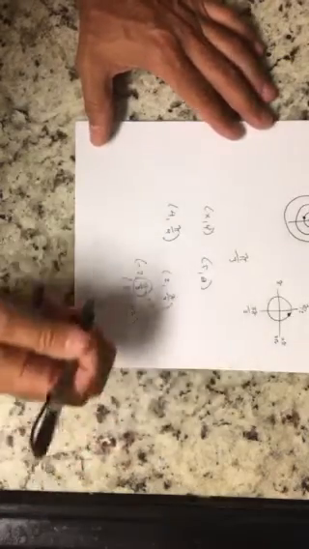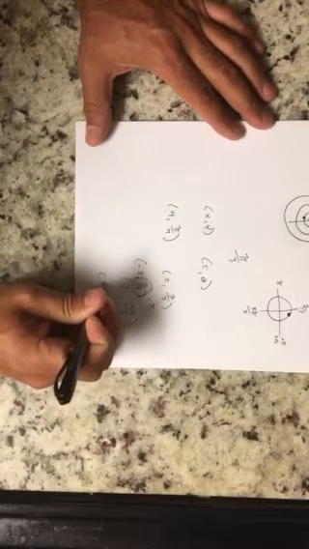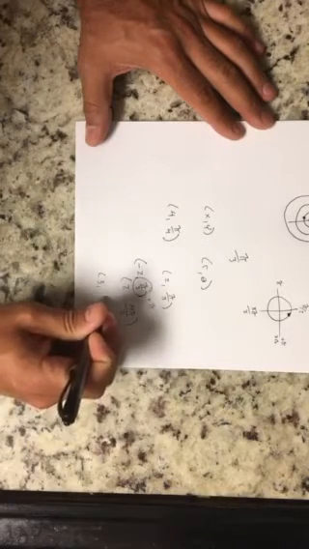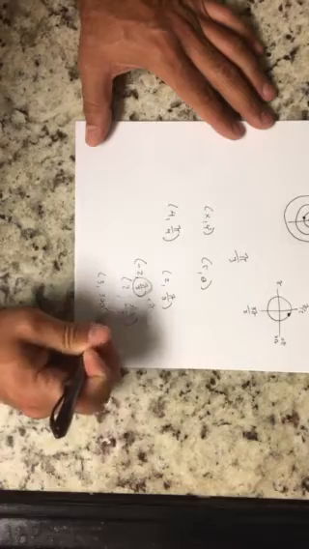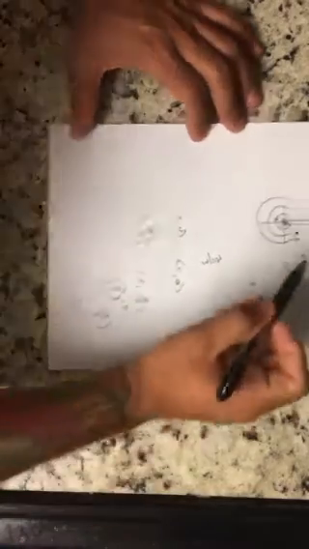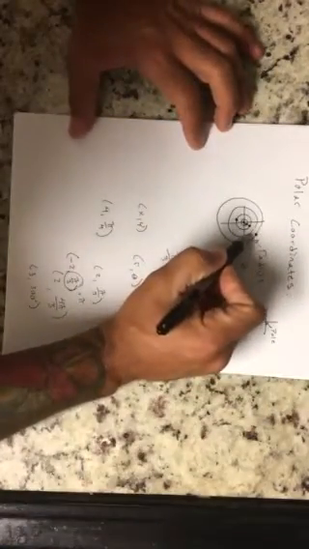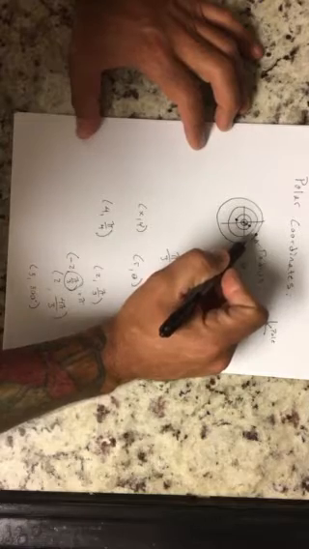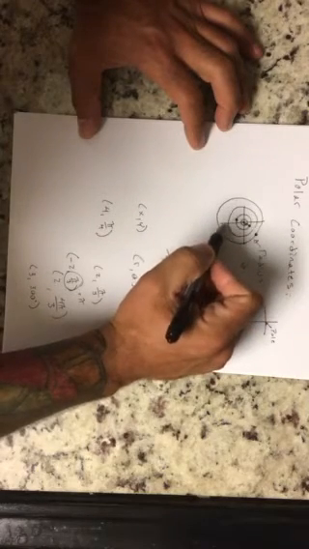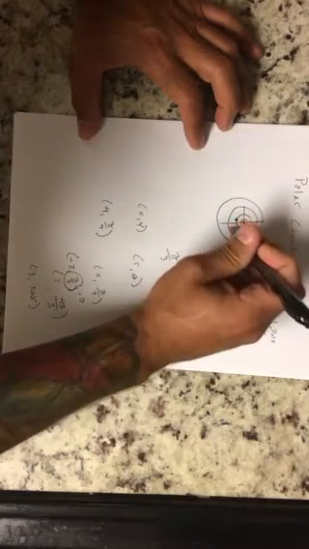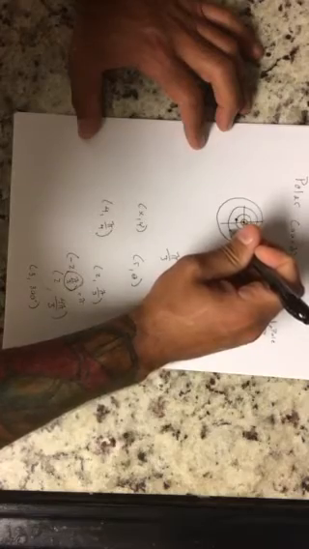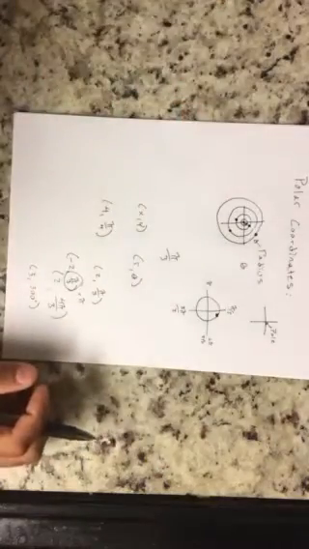If I'm in degrees, if it gives me something like 3 comma 300, I'm going to go to the third ring and I'm going to go to where 300 would be. So this is 180, 270, and then right here would be 300. So we're still doing the same thing.